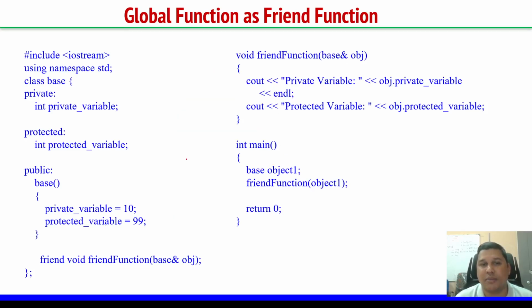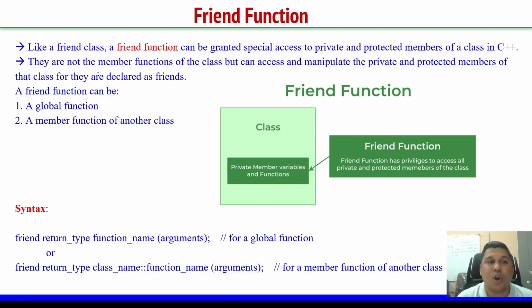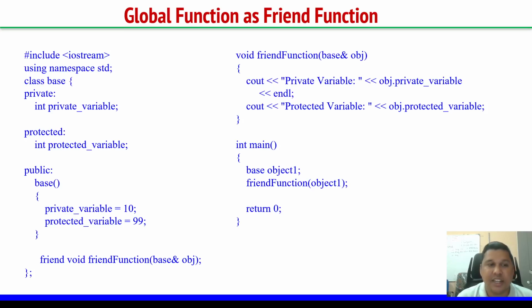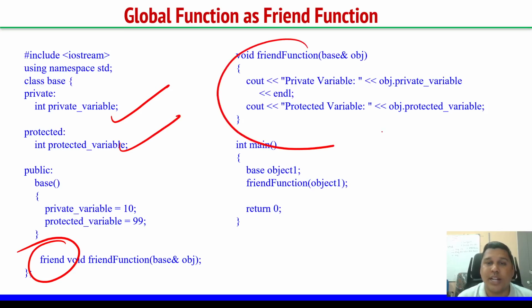So they are not member functions of the class, but they can access and manipulate the private and protected members of the class because they are declared as friends. Only if it is declared as a friend can we access these outside main or outside the class.